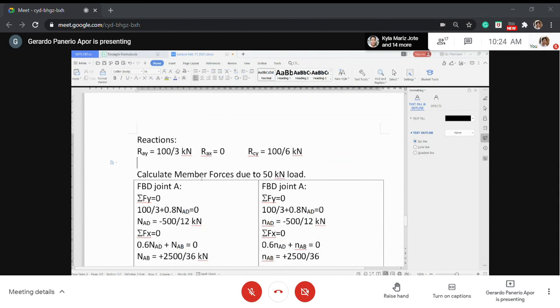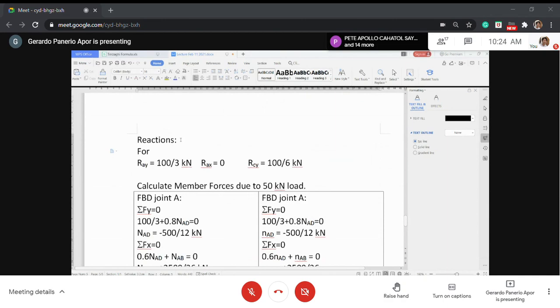So for unit load, this is for the 50 kN load at B. The reaction is like that.